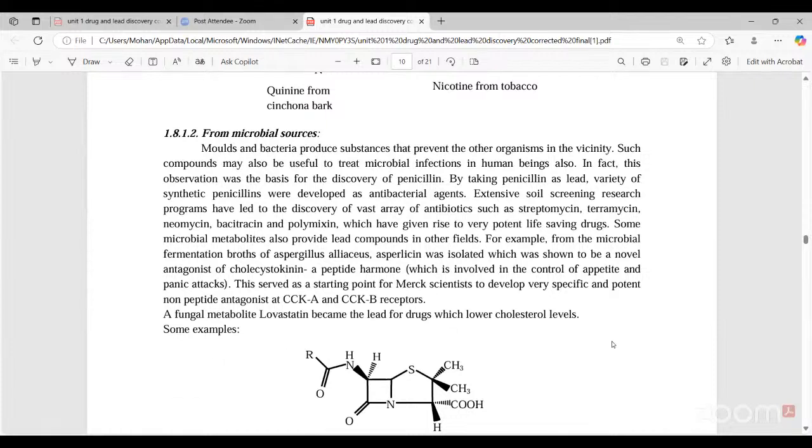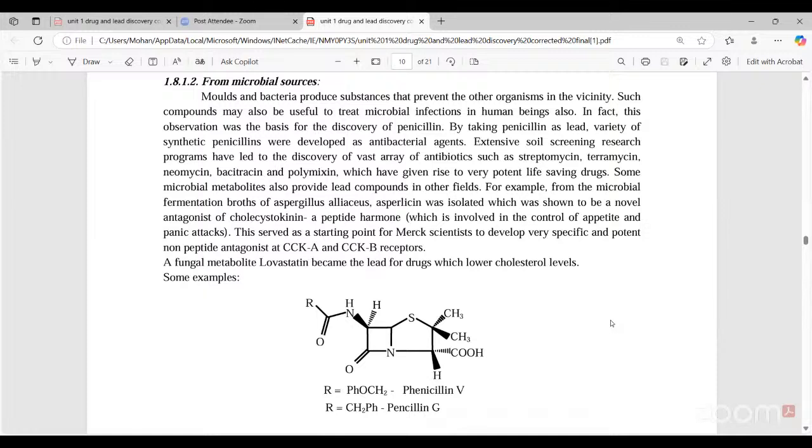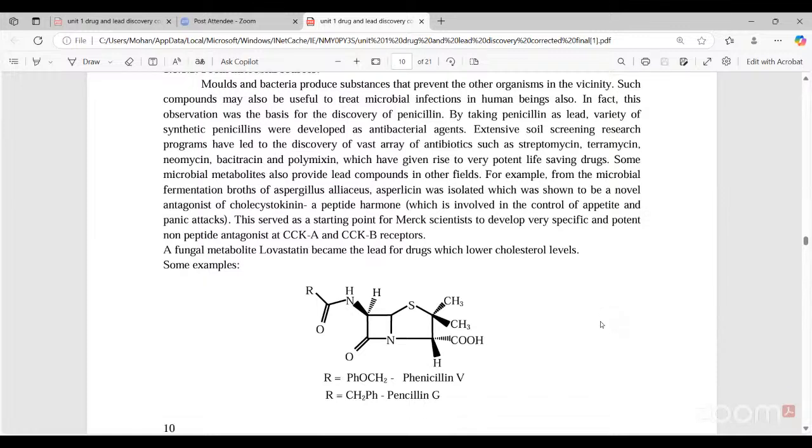The fungal metabolite lovastatin became the lead for a drug which lowers cholesterol levels.